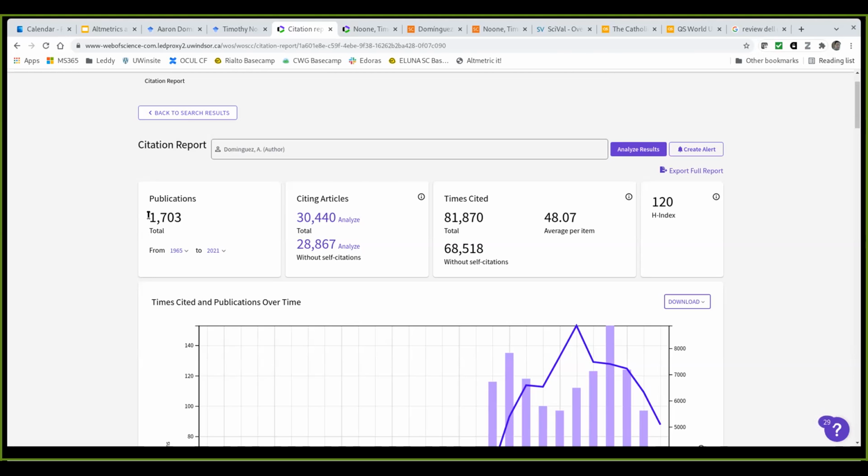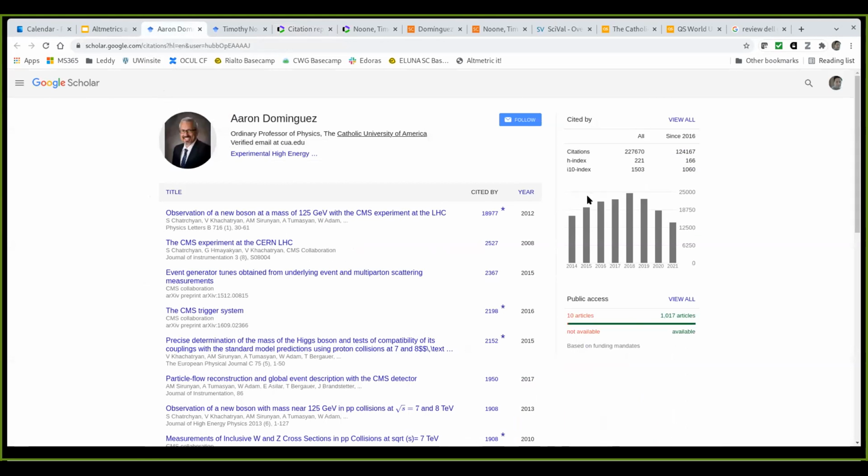We also see here that 1,703 publications are included in Web of Science. Now, if we just pop back to the number that we had in Google Scholar, that was 1,017 articles. And you're going to see different numbers in each of these tools.